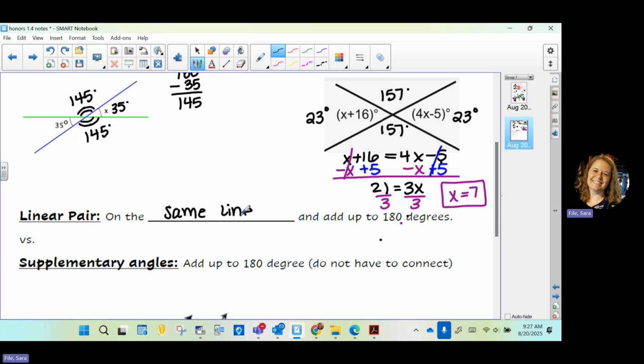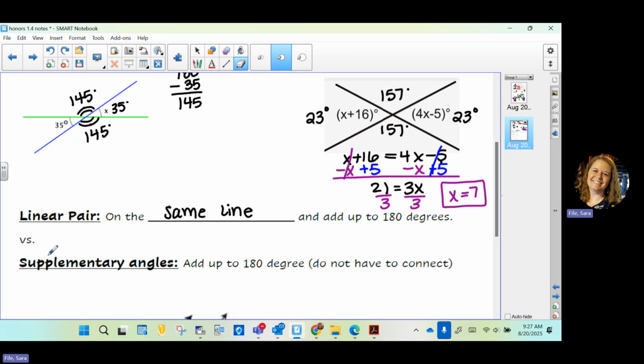So 2 angles on the same line. Now, if they are on a line, we have already established a line or a straight angle is 180 degrees, right? So yes, a linear pair is also going to be supplementary by definition because they're on a line. Okay, a line is 180 degrees.